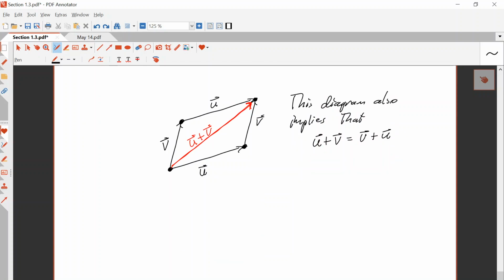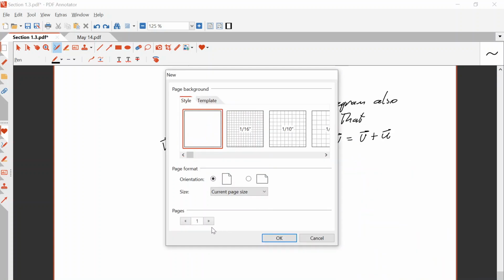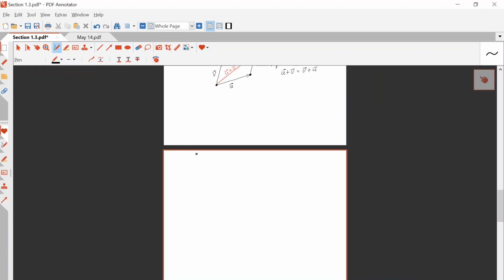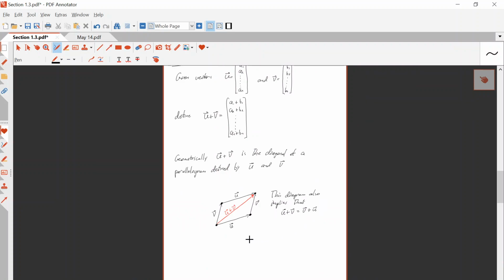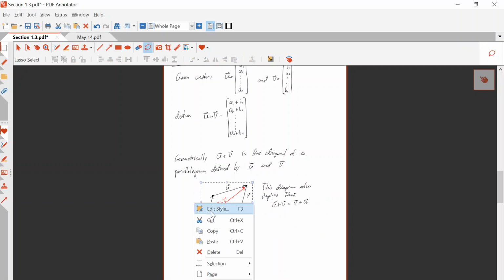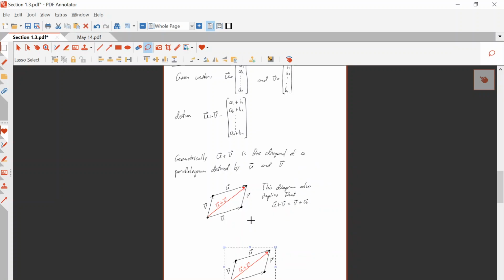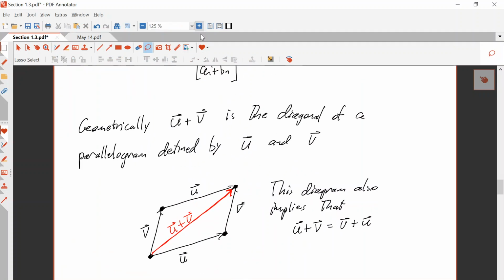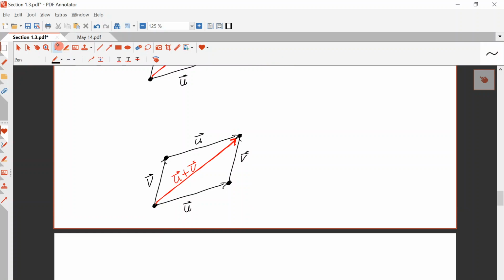The other diagonal of the parallelogram, well, what's that going to be? Let me see if I can put it on the same page. So what about that diagonal of the parallelogram?